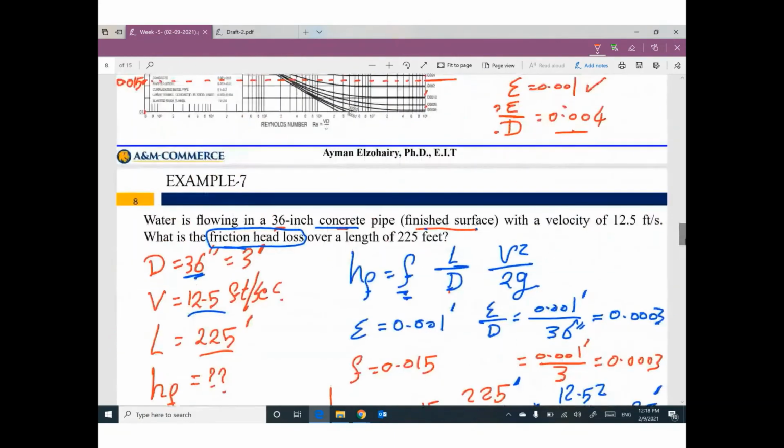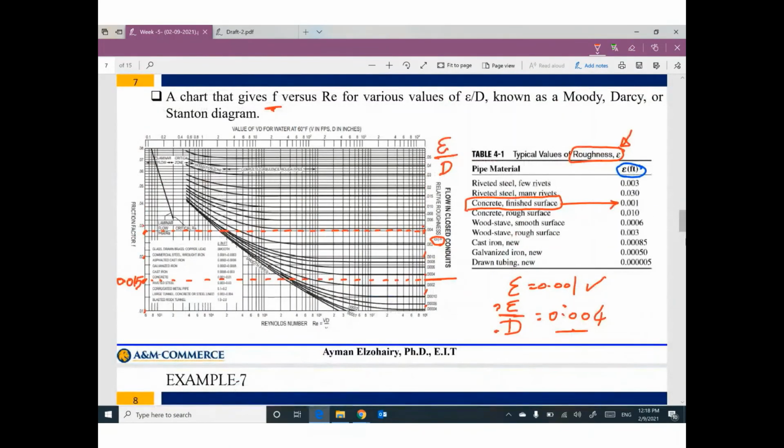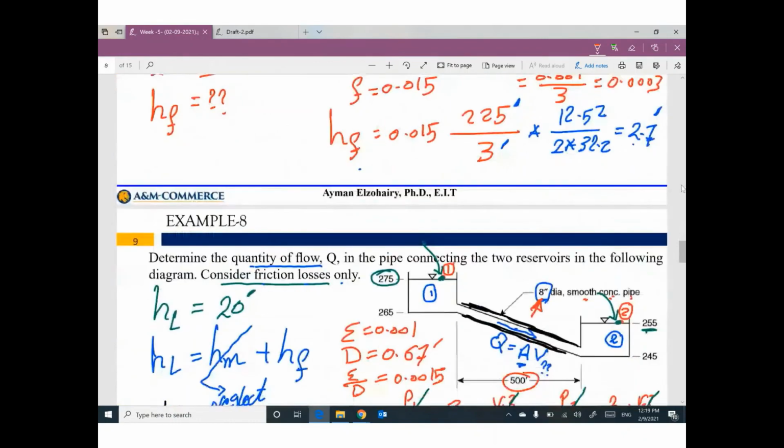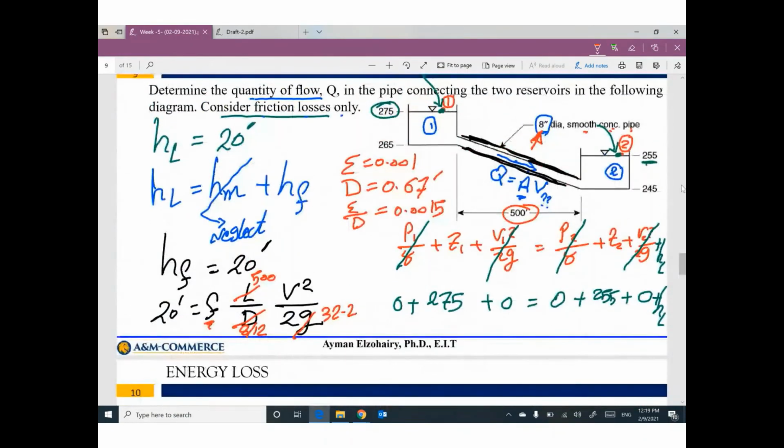So I will enter this curve with a value of 0.0015. I believe we will be here. If you go to the other side, the value of F will be here, 0.0125. So F will be 0.0125.